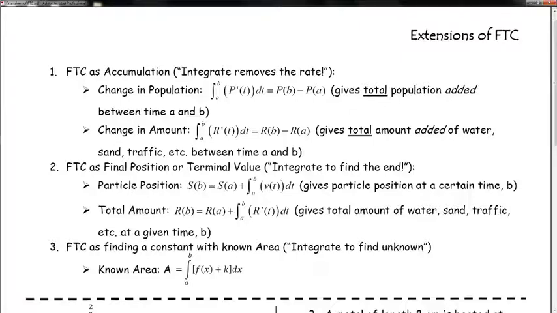You could also talk about a change in amount. An example is a change of added water. If we're talking about a rate of change from water going into a pool, which seems to be a pretty popular problem on the test, when they're talking about capital R of B and capital R of A, we're talking about the height difference, or maybe the volume difference of the water at time A and time B. They also used sand.